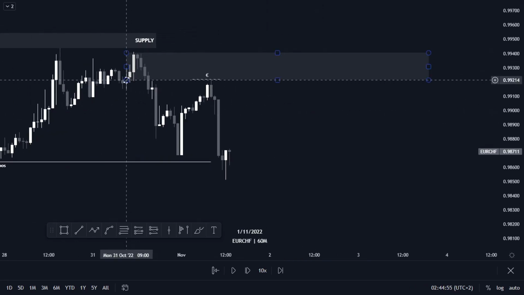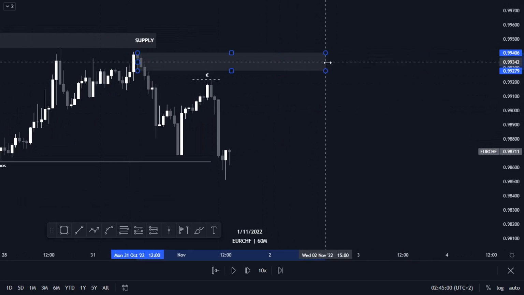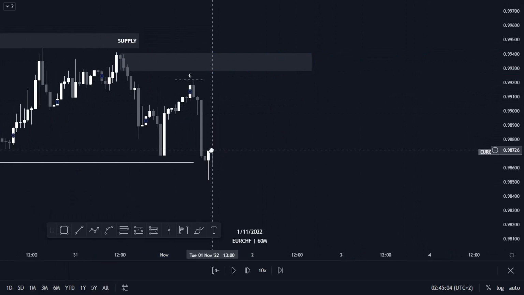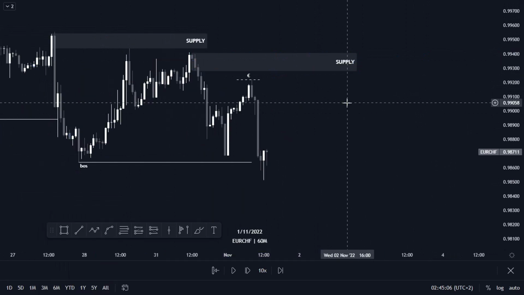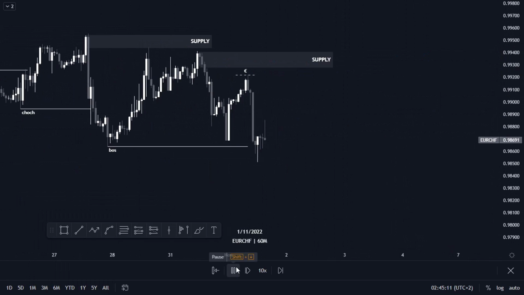Let's move on to the H1 chart. Initially I would be interested in taking my shorts here at this supply. Okay, so let's see what price does.